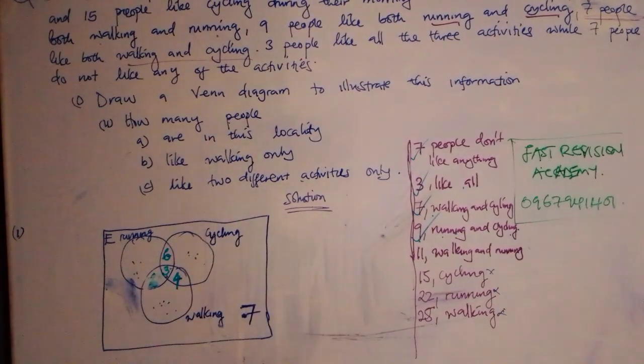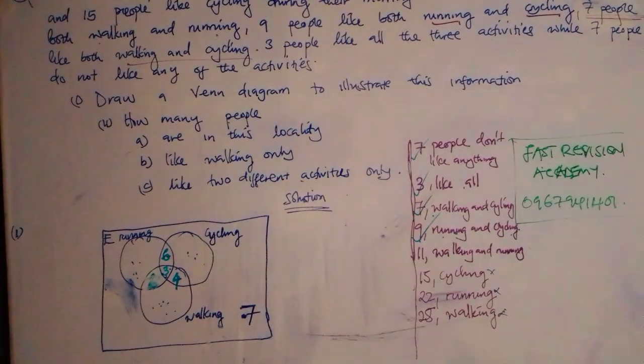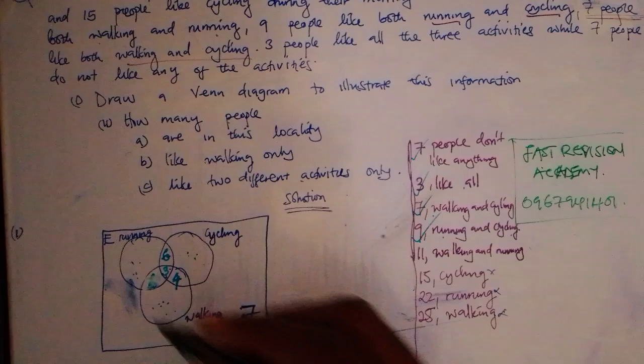So here we are supposed to put now learning and walking, which is 11. But out of 11, we have again 3 people who liked what? Learning and walking before this came. So meaning we are going to subtract 11 minus 3, which gives us 8.